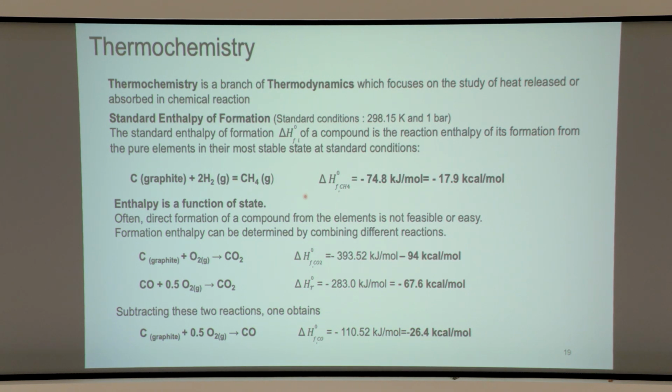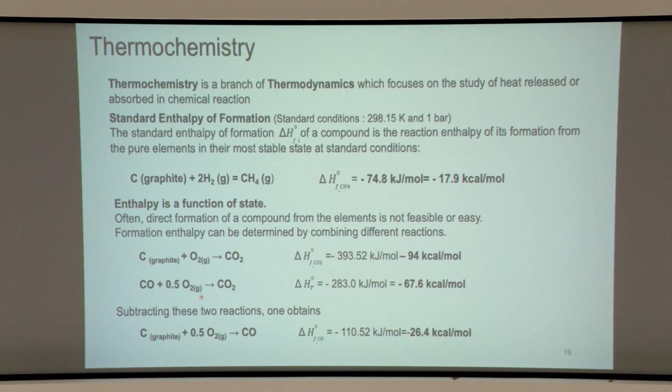And the heat of formation is the delta H of this reaction. So the heat of formation of methane is minus 74.8 kilojoules per mole, or minus 17.98, minus 18 kcals per mole. And enthalpy is a function of state, so we don't need to necessarily make the molecule from its elements.